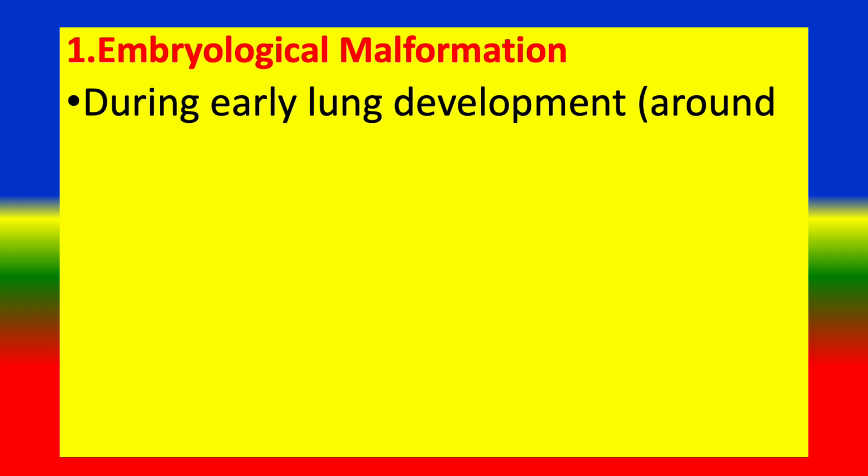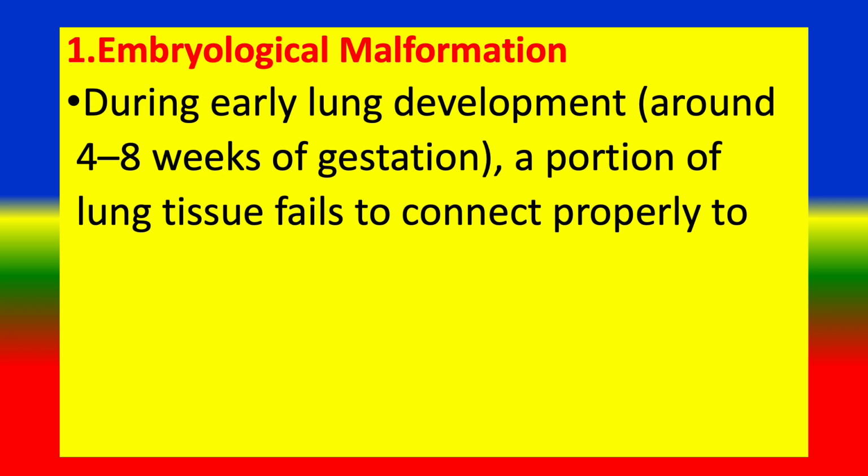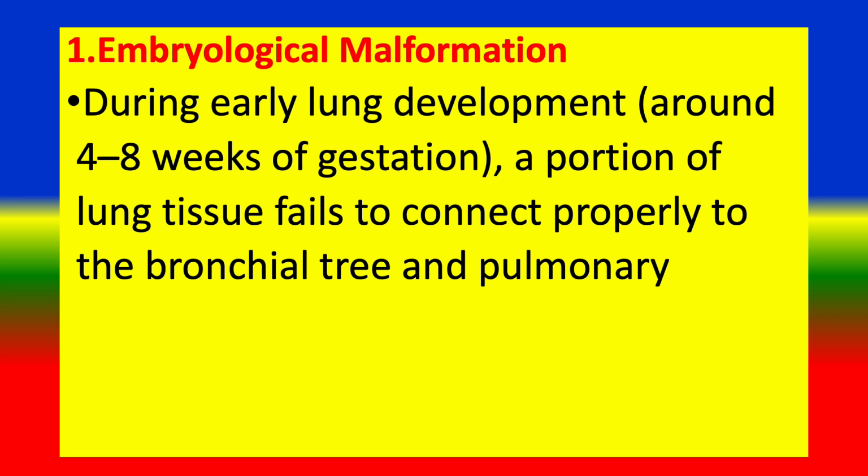1. Embryological malformation. During early lung development, around 4 to 8 weeks of gestation, a portion of lung tissue fails to connect properly to the bronchial tree and pulmonary circulation.